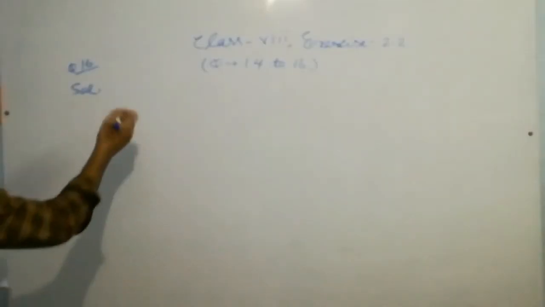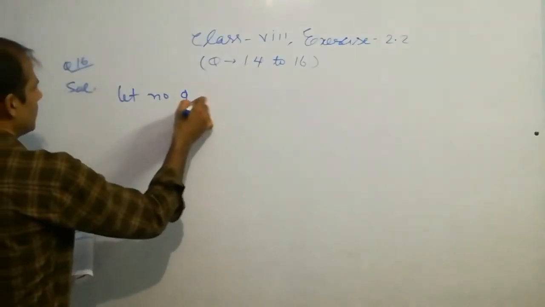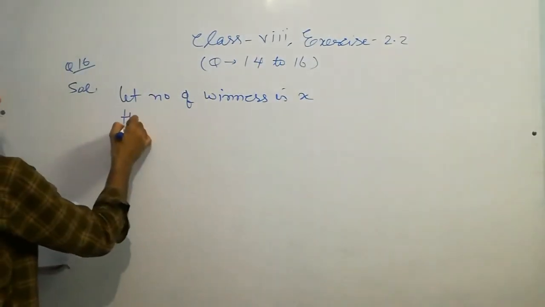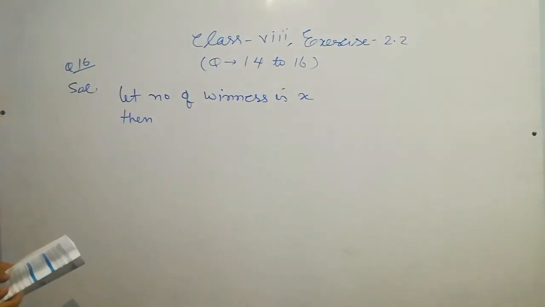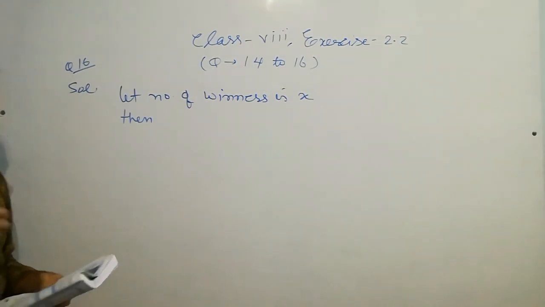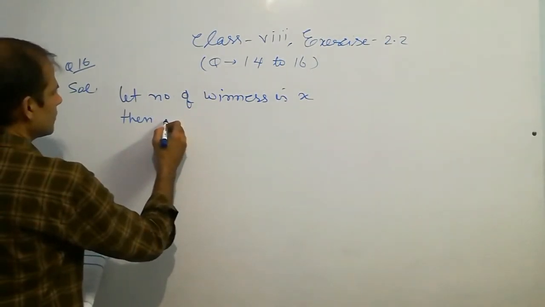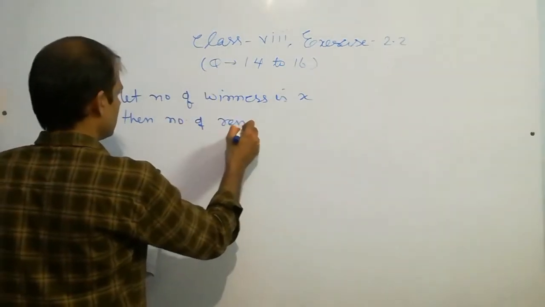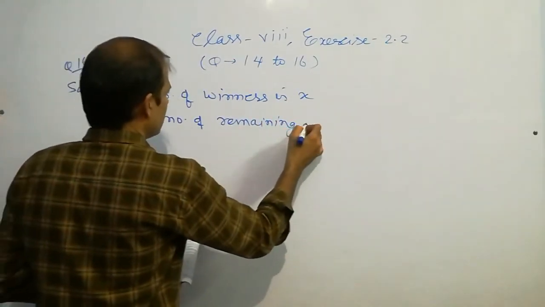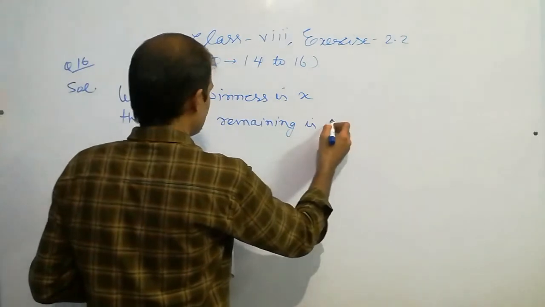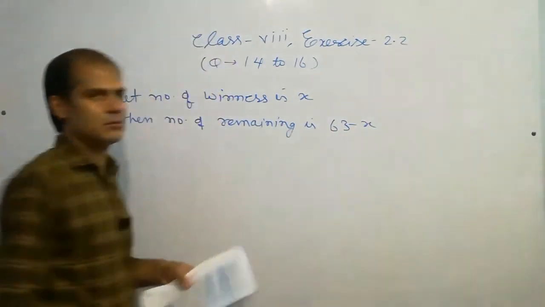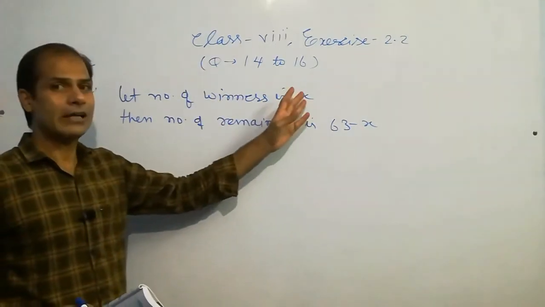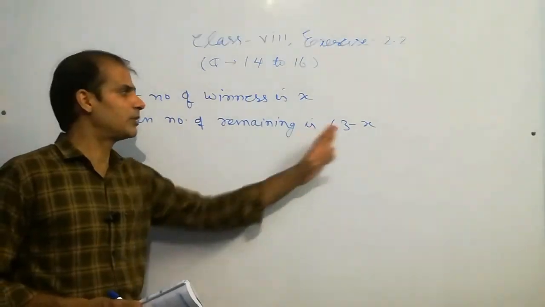So let the number of winners be x, then the number of participants who do not win, the remaining, is 63 minus x, because the total number of participants is 63, the winners are x, then the remaining number of candidates will be 63 minus x.